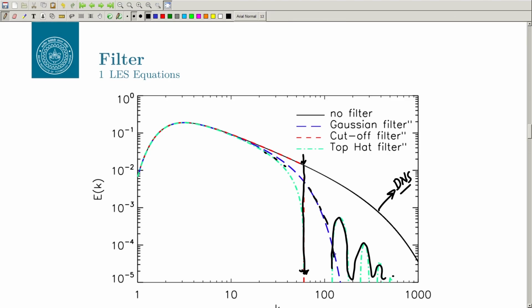This is what we have been discussing about LES, that when you have this E K versus K, you are not resolving everything, but cutting off at a certain point. As long as you ensure that it is capturing 80% of the energy, this region does not matter, because it is primarily responsible for the dissipation of energy, which does not participate in the key dynamics of the flow.